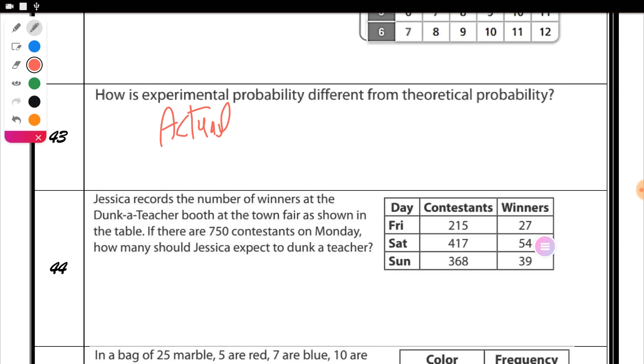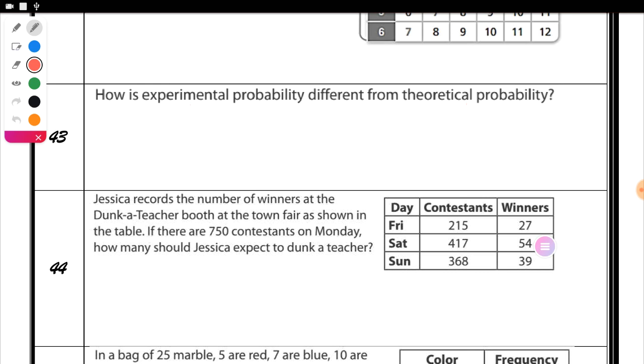And theoretical probability is what you expect or predict. So you can expect, which is theoretical, and the experimental is what happened in real life. Okay?